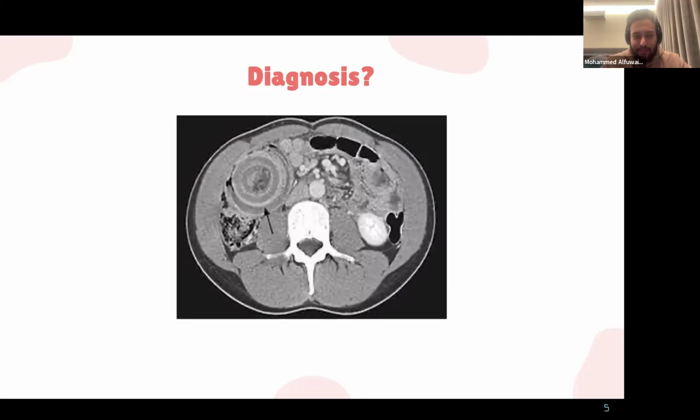A child, let's just say 2 years of age, had a recent GI infection, later on presents to you with bloody diarrhea, which we call currant jelly stool, has severe abdominal pain, and you do imaging and you see this. What do they have?